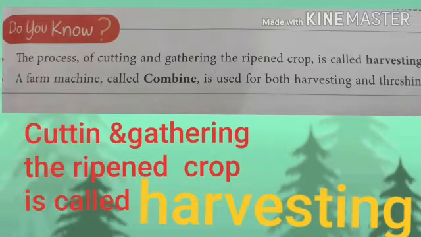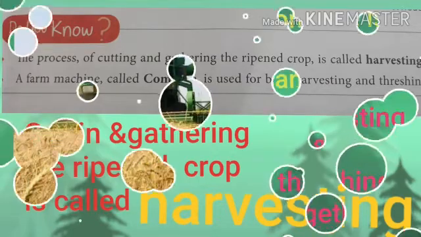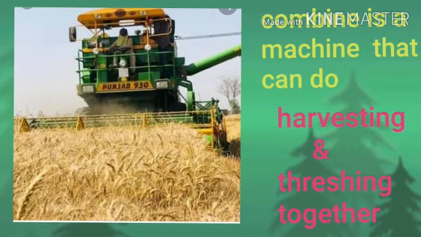Again, don't forget what is harvesting. Don't forget what is combine. Combine is a machine that can do harvesting and threshing together.